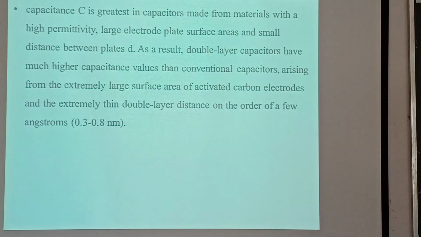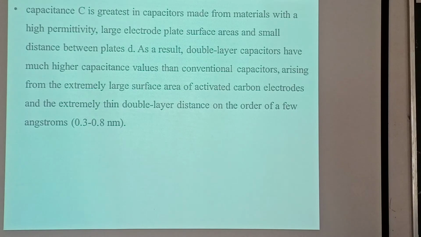So to increase the capacitance, with the formula C equals epsilon A by D, we have to increase the area of the electrode material and decrease the distance between the two plates, that is D. Double layer capacitors have much higher capacitance values than conventional capacitors, arising from the extremely large surface area of activated carbon electrodes and an extremely thin double layer distance of a few angstroms, that is 0.3 to 0.8 nanometer. So in an electric double layer capacitor, what happens?